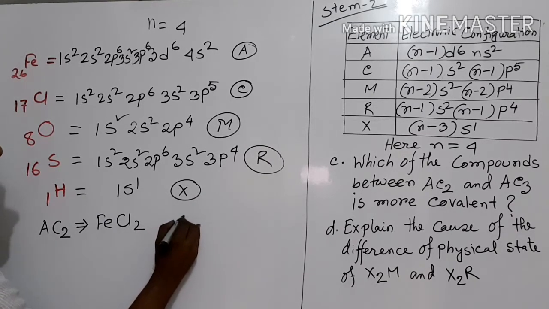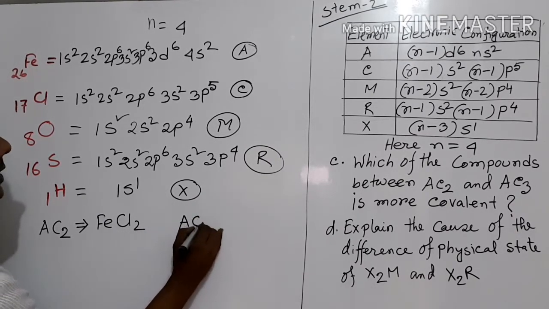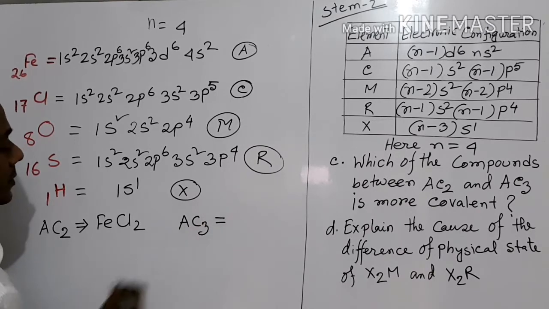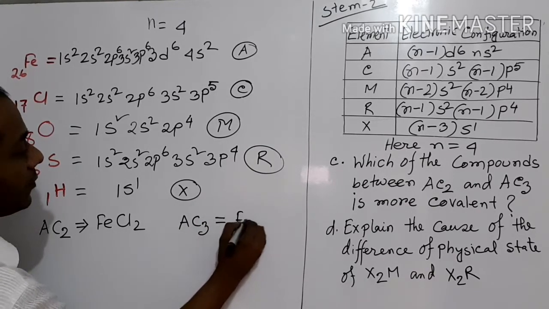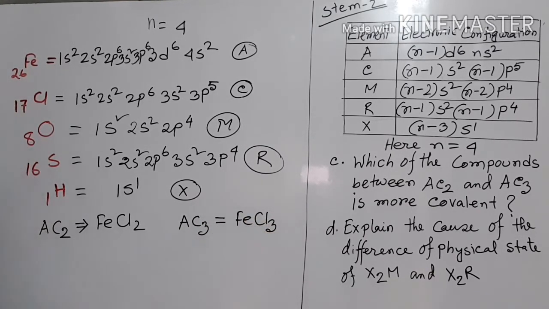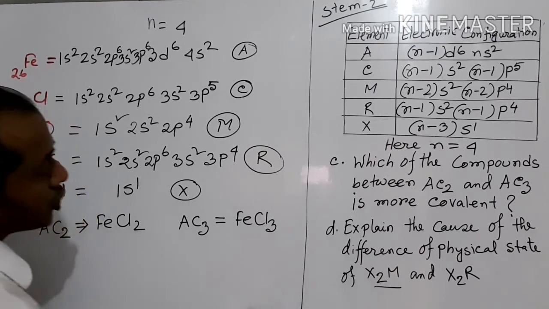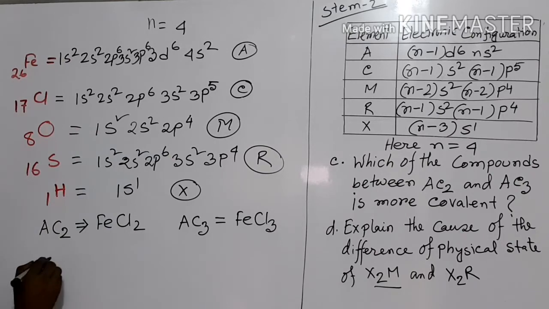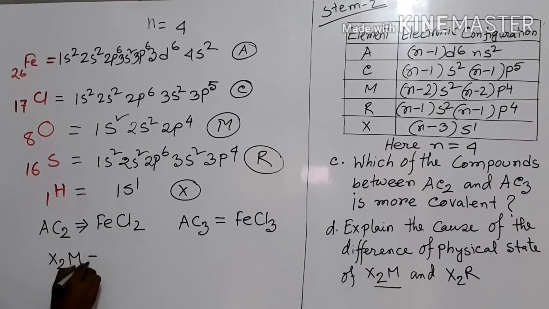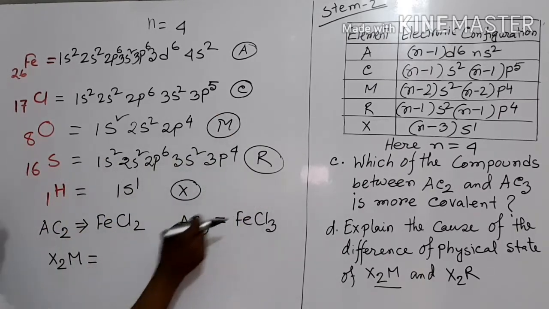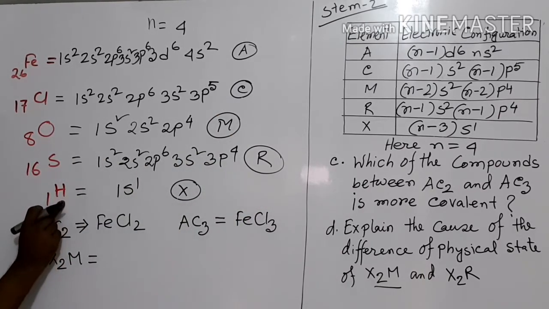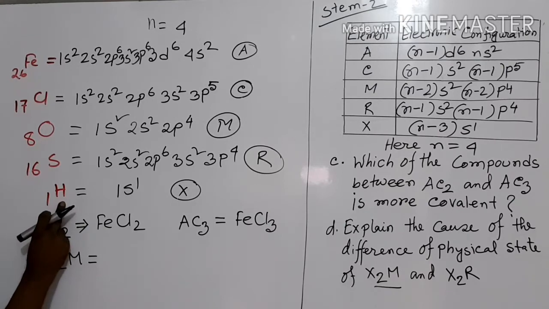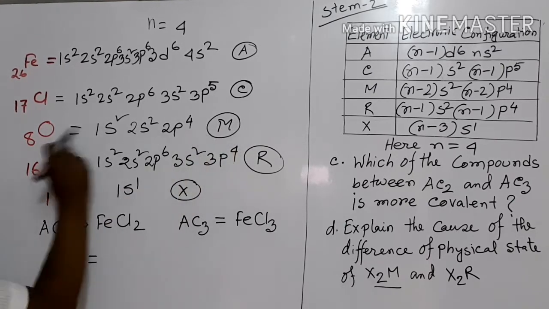Now AC3: the compound is FeCl3. And X2M: X represents H, and M is oxygen.